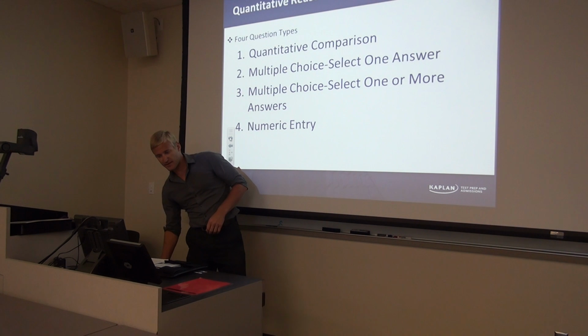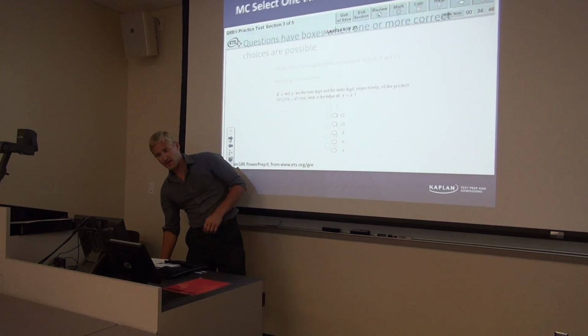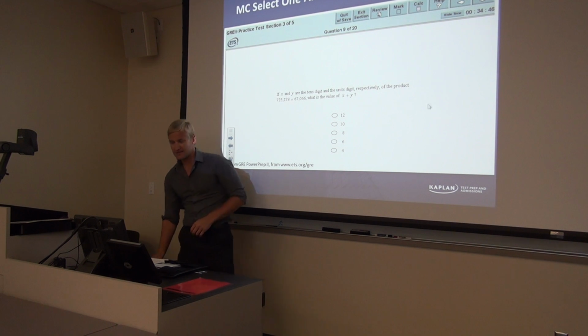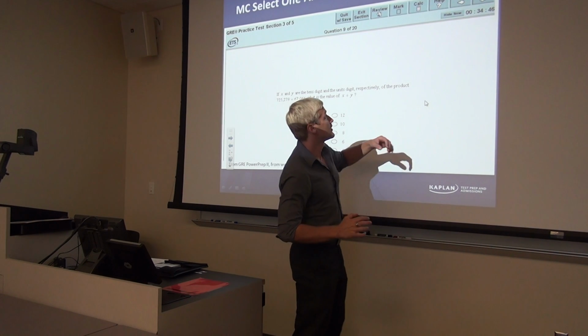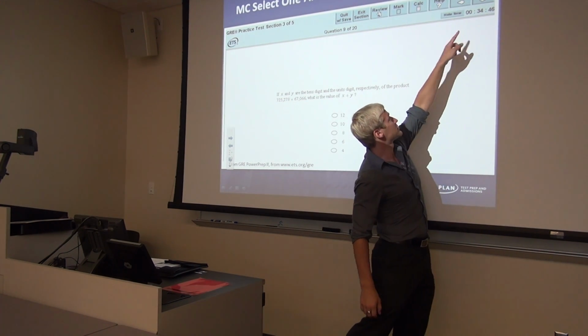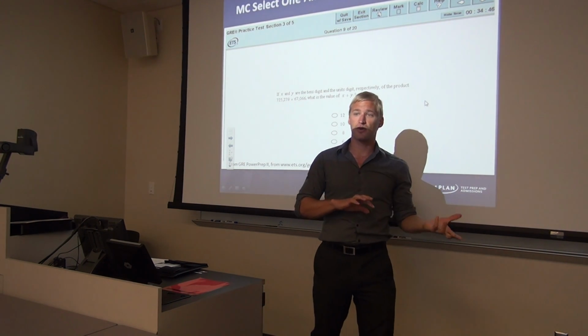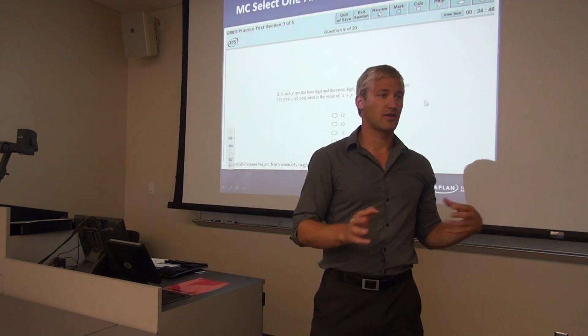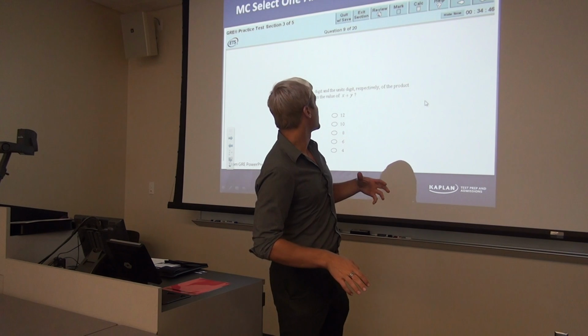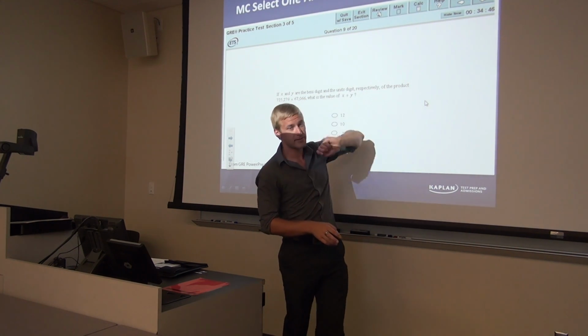Some more important things about the GRE. What's really cool about the interface is that because it adapts by section, you've got this back and forth motion right here, so that you can skip a question and come back to it at the end. You also have this mark button up here.